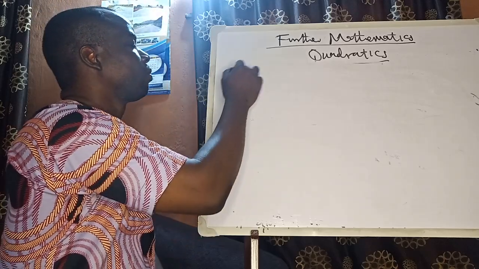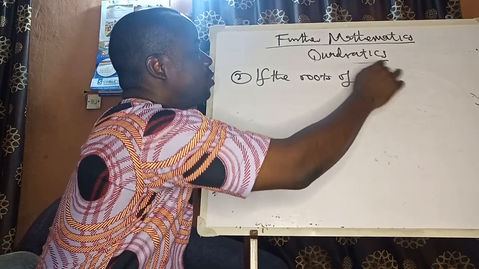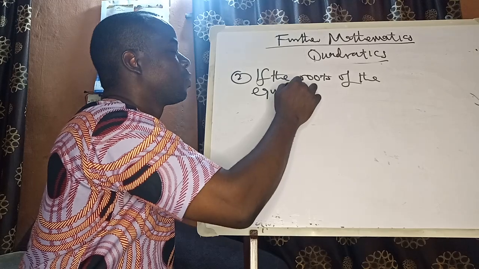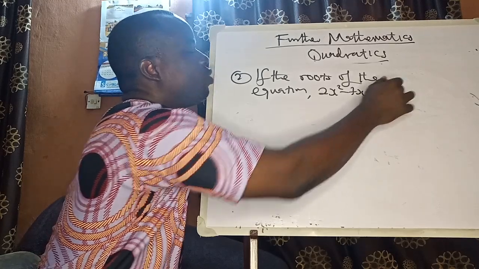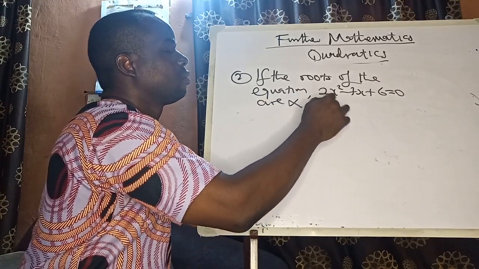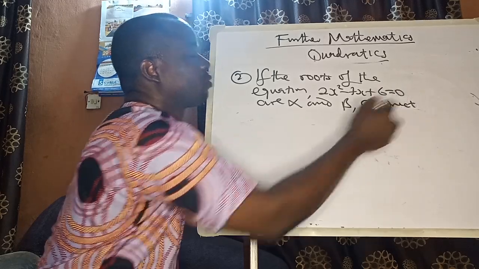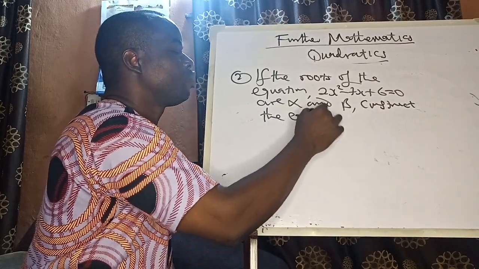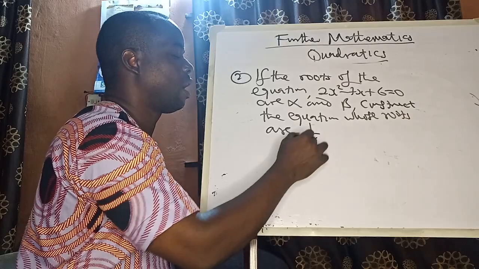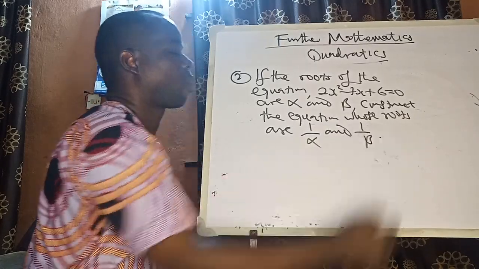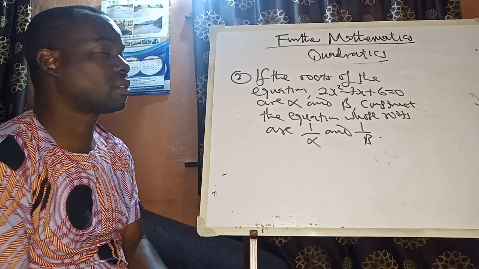If the roots of the equation 2x squared minus 7x plus 6 is equal to 0 are alpha and beta, construct the equation whose roots are 1 over alpha and 1 over beta. Now let's solve this.